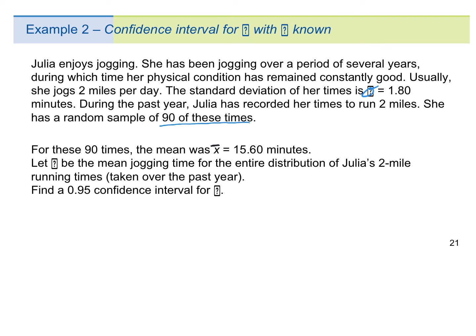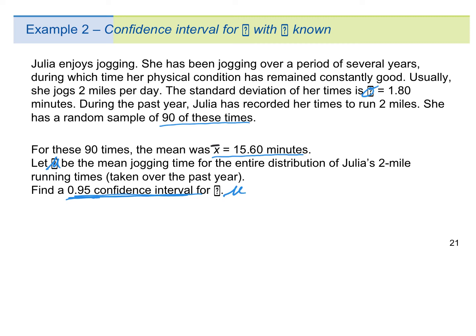For these 90 times, the mean was 15.60 minutes. Let mu be the mean jogging for the entire distribution of Julia's 2-mile running times taken over the past year. Find a 95% confidence interval for mu.